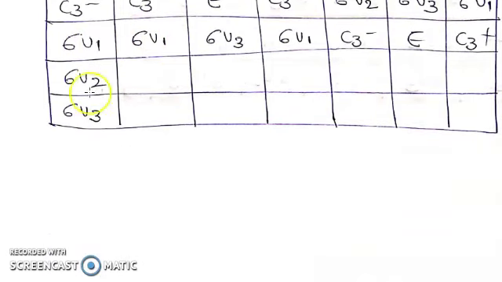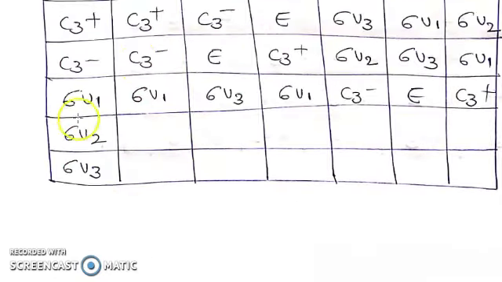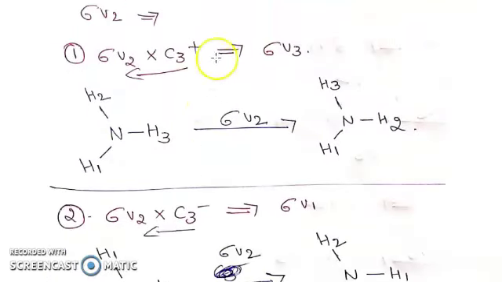Next, sigma v2. Sigma v2 into C3 plus. First you write C3 plus, it's a C3 plus molecule. For this molecule, you have to do the sigma v2 operation. Sigma v2 means this plane.